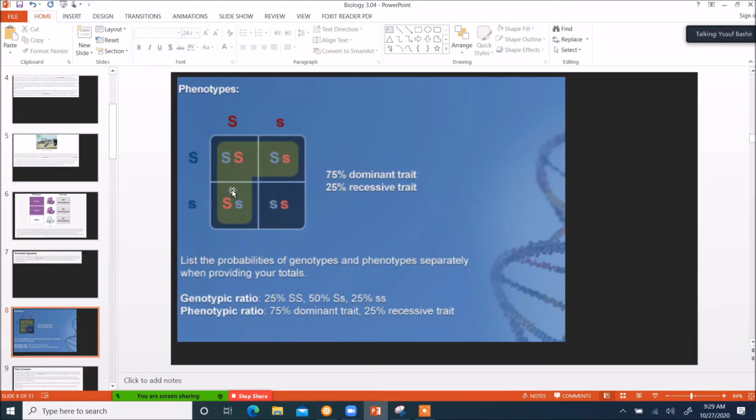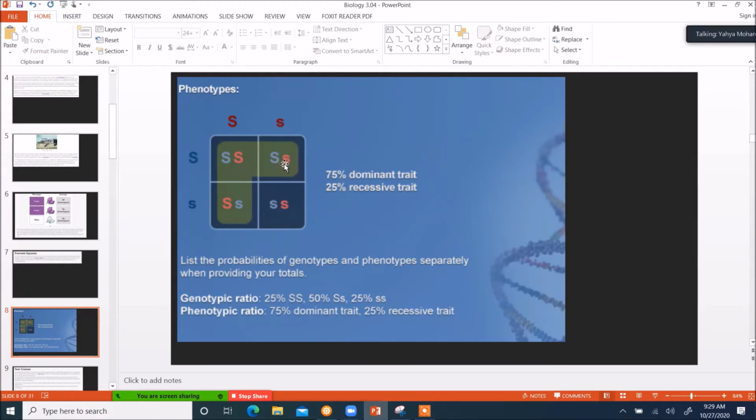So when they combine, look inside the table. These are the different possibilities when they combine. For example, let's suppose the gamete from the top gets a capital S, and let's suppose the gamete from this parent gets a capital S. Together that child is going to have capital S, capital S. Now suppose instead of this capital S, a 50% chance of getting the lowercase s, plus a 50% chance of getting capital S from this parent, gives you what?